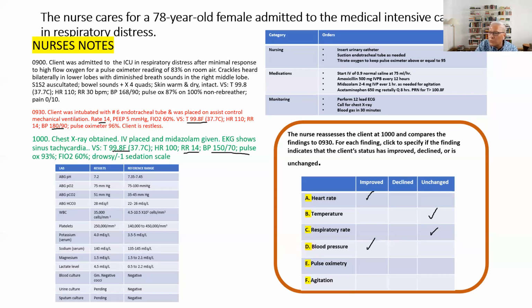The pulse oximetry, let's see, 96 over here and 93 over here. Uh-oh. Decline, very good. And the last one is agitation. The client is restless at 9:30, and the patient now is -1, drowsy on the sedation scale. So this obviously has improved. Okay.